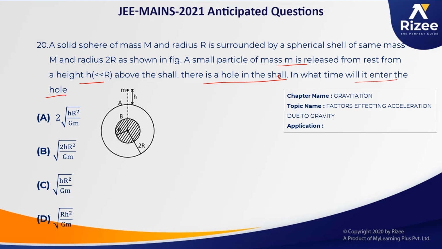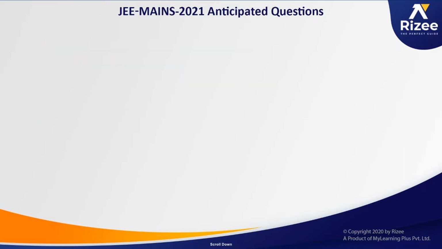He is asking. It's a pure case of gravitation where there is a variation of the g conditions. So the time to enter the hole, he is asking. Now what can be the acceleration due to gravity near the surface of the shell?